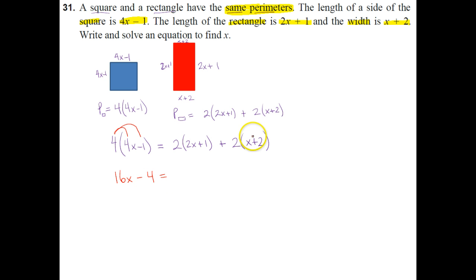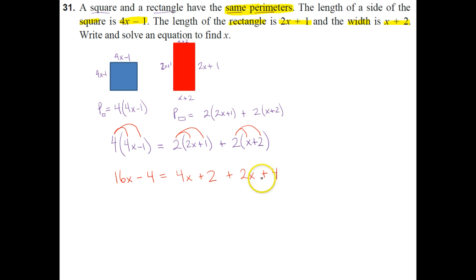And then we got 2 more over here to distribute. I got 2 times this sum and 2 times this sum. So 2 times 2x is 4x. 2 times 1 is positive 2. Plus 2 times x is 2x. And 2 times 2 is positive 4.